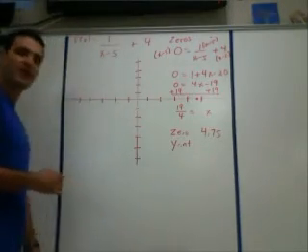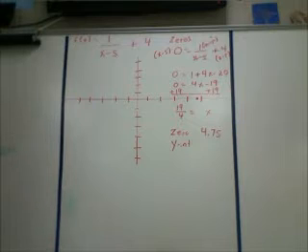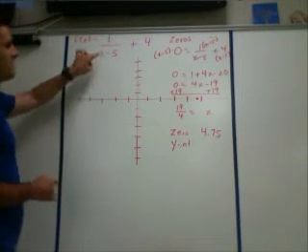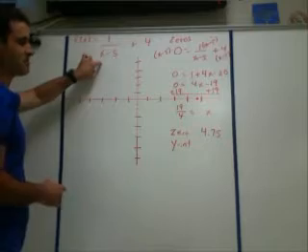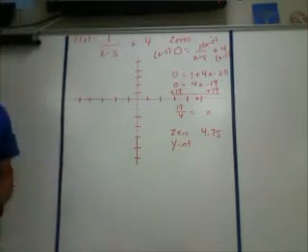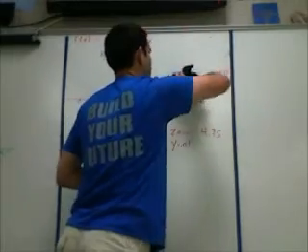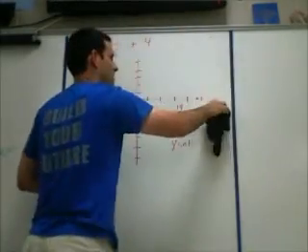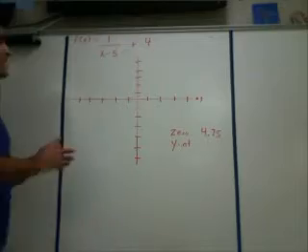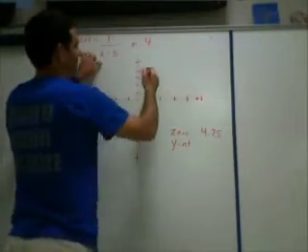Now my y-intercept. Remember, anytime you hear the word intercept, there's a 0 involved somehow. This time the 0 is going to be where x is. All right, so let's erase my work here. For my y-intercept, I'm going to make x 0.